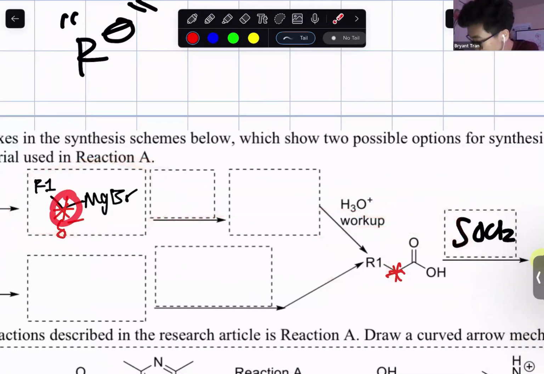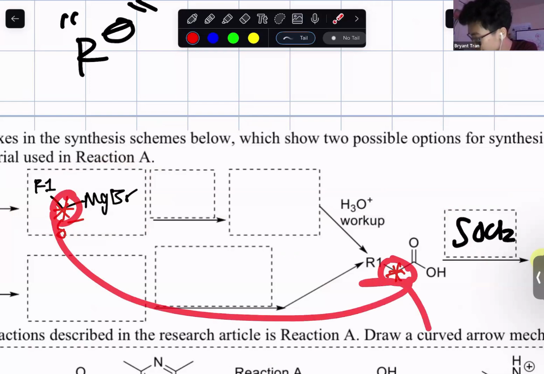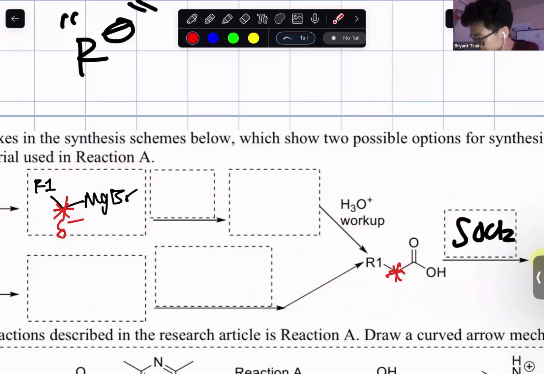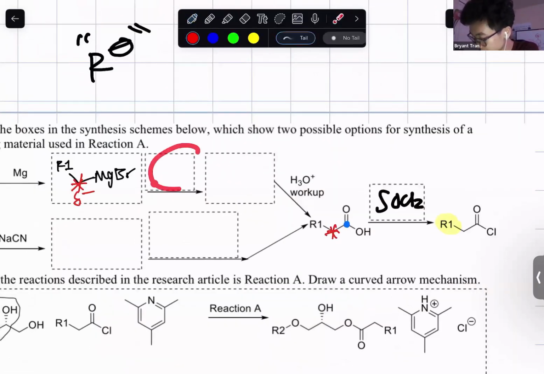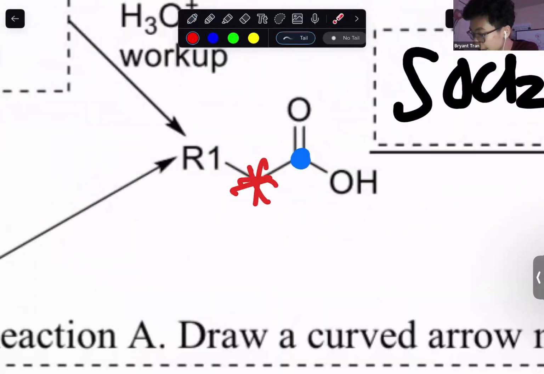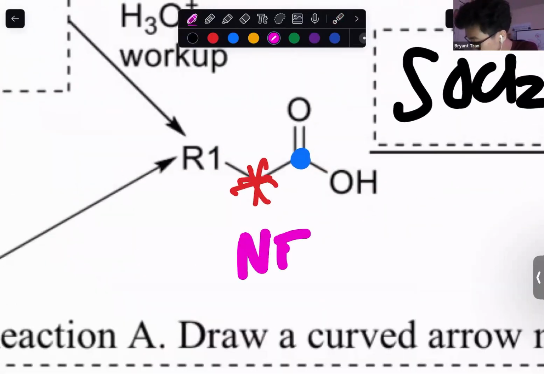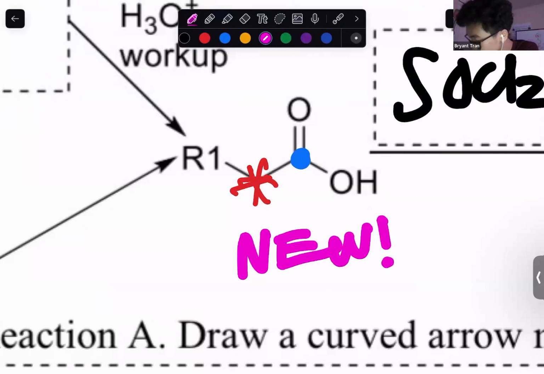We know that the starred molecule is that starred molecule right there. And we see that, let's say, this carbon here attached to the red star was the electrophile in this reagent right here. Right? And we could say that this was the new bond that was formed in the synthesis somewhere.